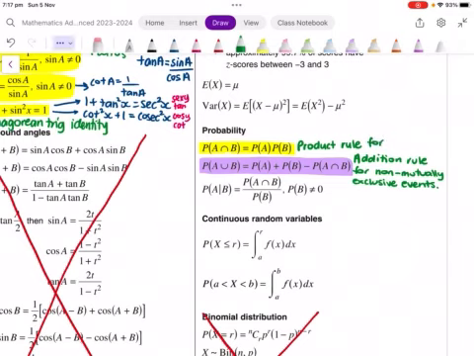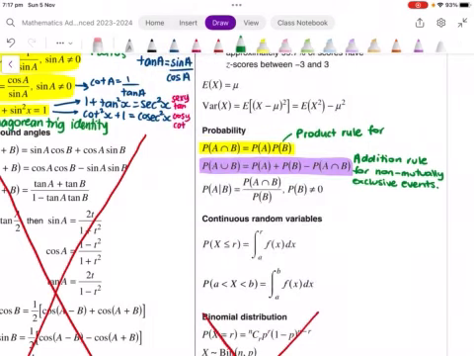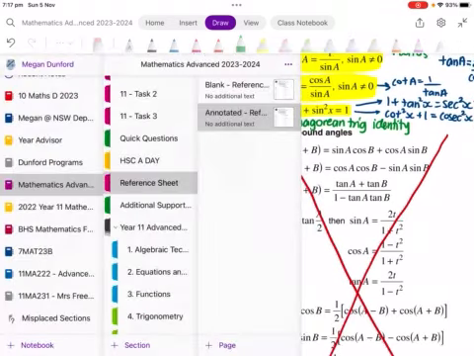Might need to move this up a bit. Cool. Alrighty, back to our examples.